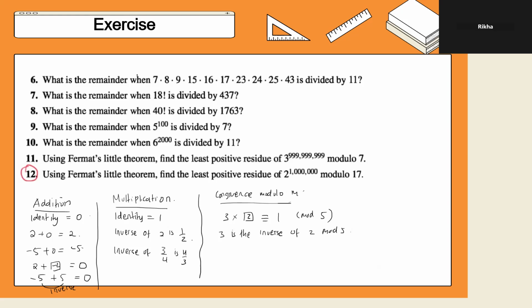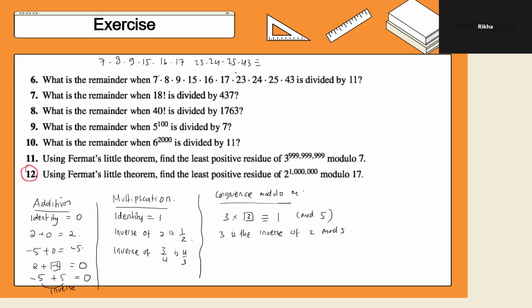So here, what is the inverse of 7 modulo 11? This is the same as 7 times 8 times 9, 15 times 16 times 17 times 23 times 24 times 25, modulo 11.